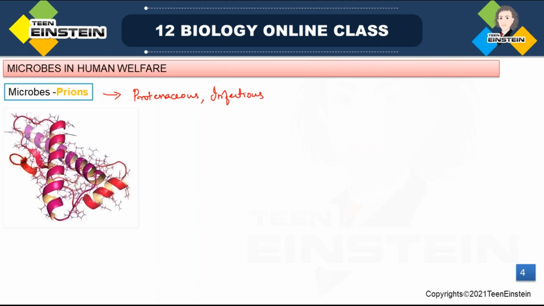these prions can cause many diseases in mammals, like neurodegenerative diseases. They cause diseases of the neural system, neurodegenerative diseases.